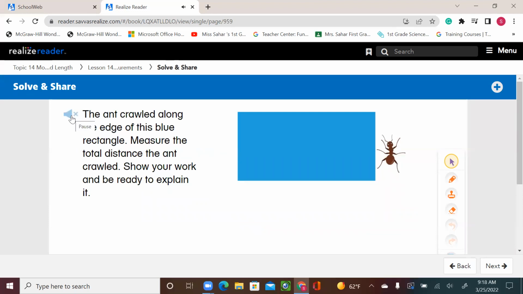The ant crawled along the edge of this blue rectangle. Measure the total distance the ant crawled. Show your work and be ready to explain it. All right. So for this example, you need your ruler. You're going to measure the top side, and then you're going to put your measurement here.